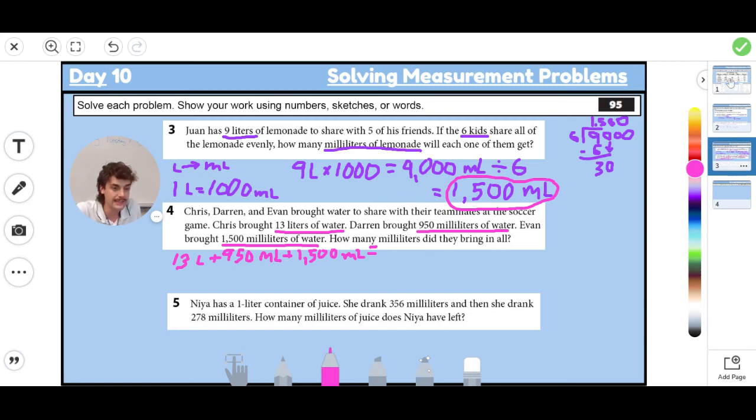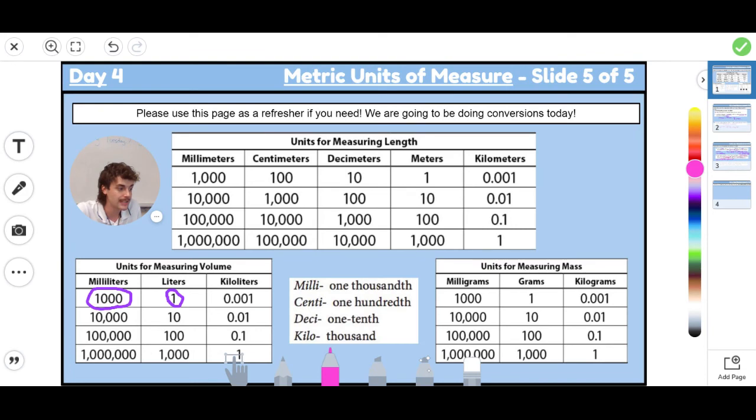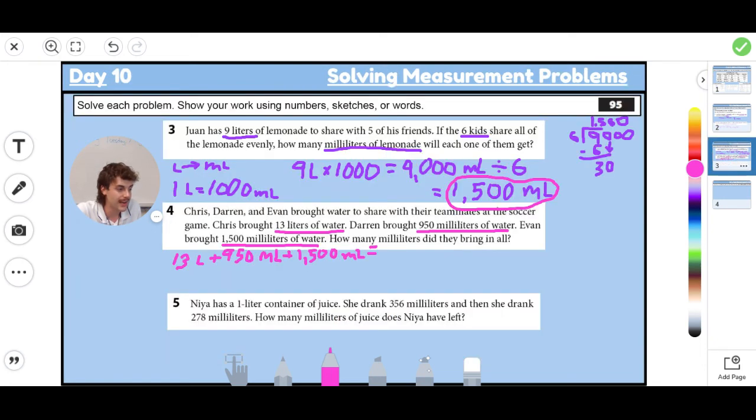So let's go ahead and take a look back at our liters. Remember, for every 1 liter, there's 1,000 milliliters. So that means that I can take, sorry, not 1 liter, I meant 13 liters, and I can multiply it by 1,000.